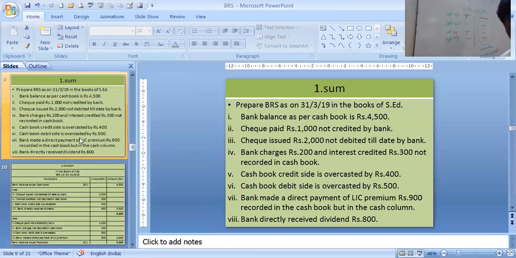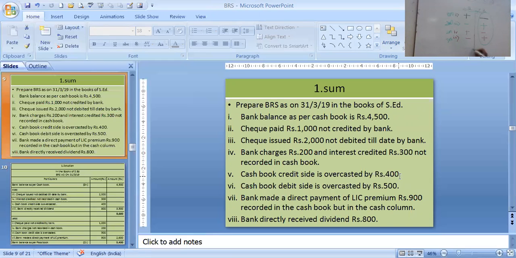Now the next one. Next, cash book credit side is overcasted by 400. Credit side is the payment side. If the payment side is overcasted, the payment side is showing more amount. That means the cash book balance is showing less, minus.